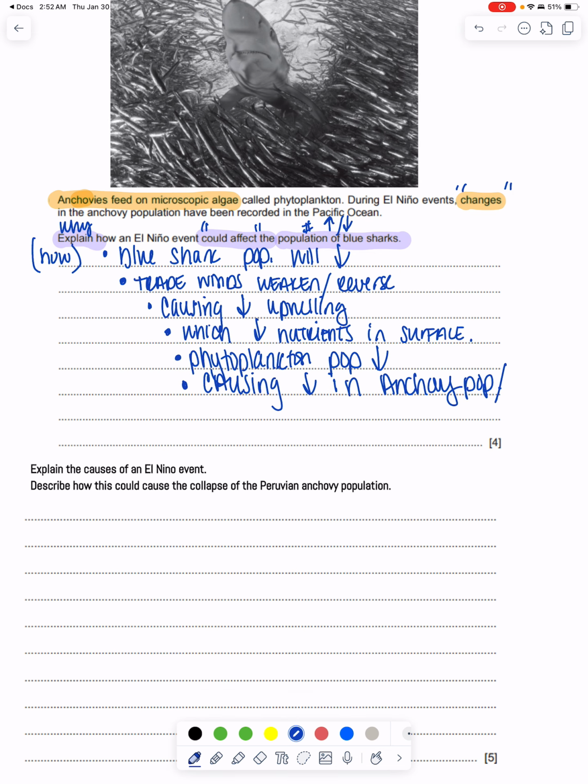Or you can refer to the anchovies as the shark's food source. So a decrease in anchovy population or a decrease in the food source. These are all the whys for the explain.